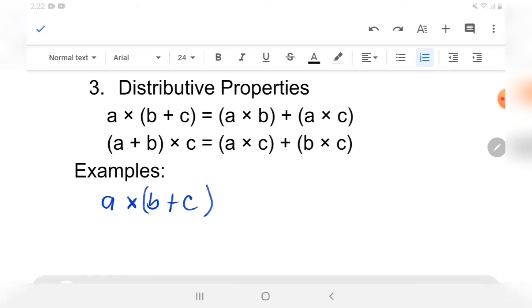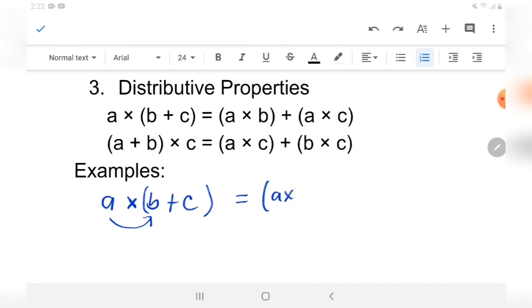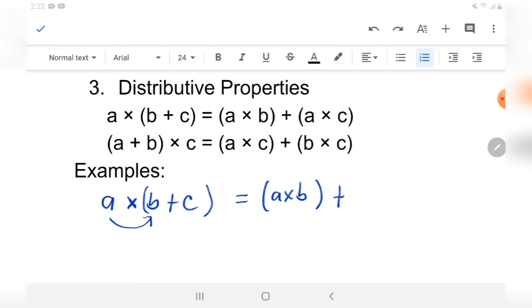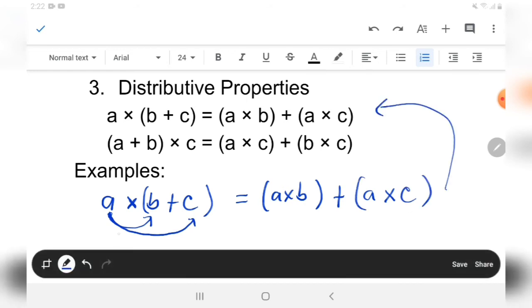So we were going to distribute. Okay, so that would be A times B. Next, this is addition, so copy. Next, you distribute A to C, so that is A times C, and that's it.